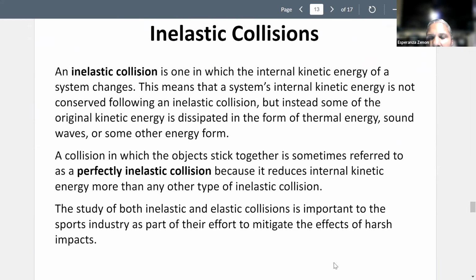All right. So inelastic collisions, meaning they aren't going to bounce off of each other. They're going to stick together after the collision, okay? So for an inelastic collision, the momentum is still going to be conserved, but the kinetic energy is not going to be conserved, okay? Whatever kinetic energy is that we'll figure out here in a moment, it's not conserved, meaning the total is not always the same, okay?